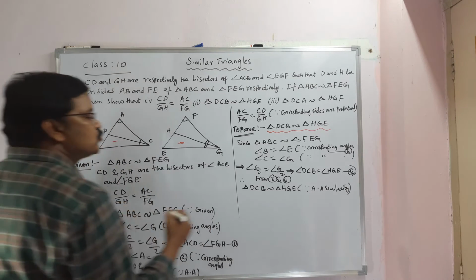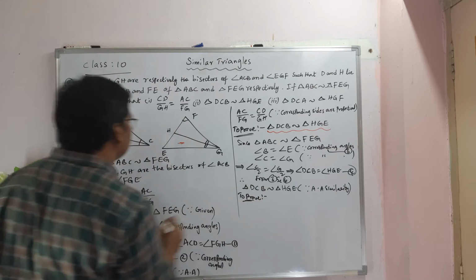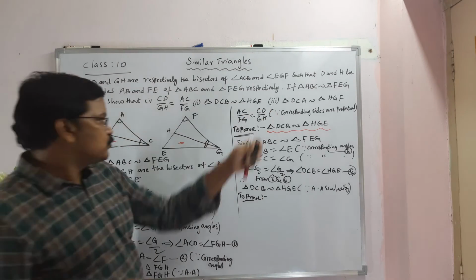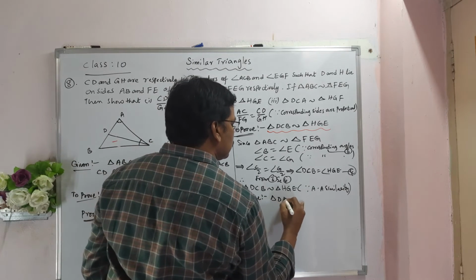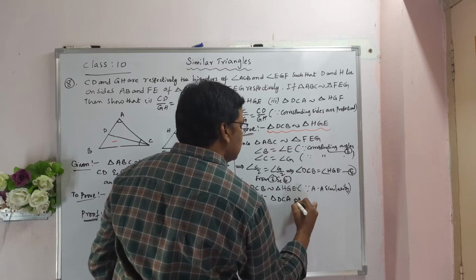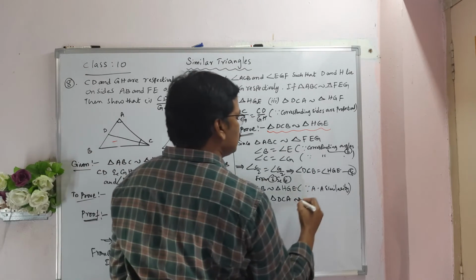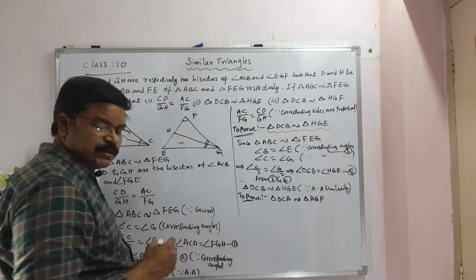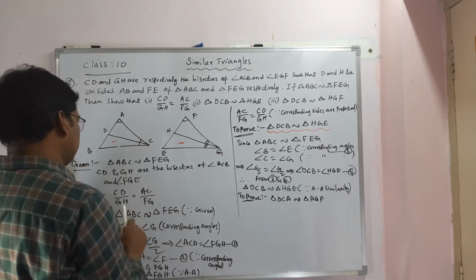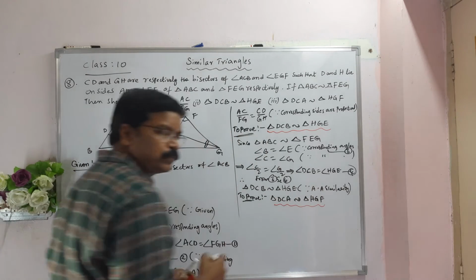The last one to prove, look here. What is the last one? Triangle DCA is similar to triangle HGF. Okay. Again we will write.